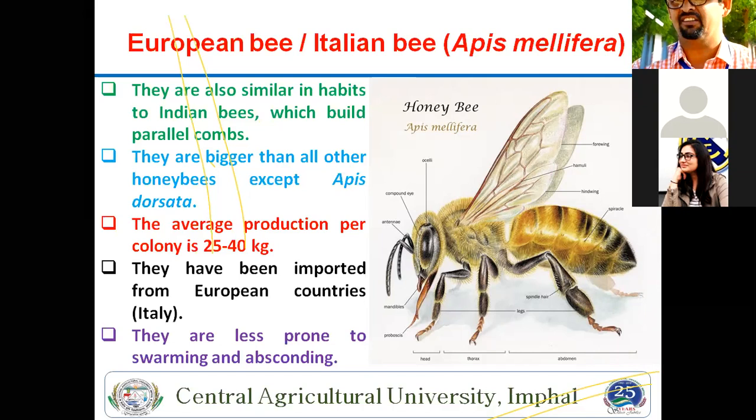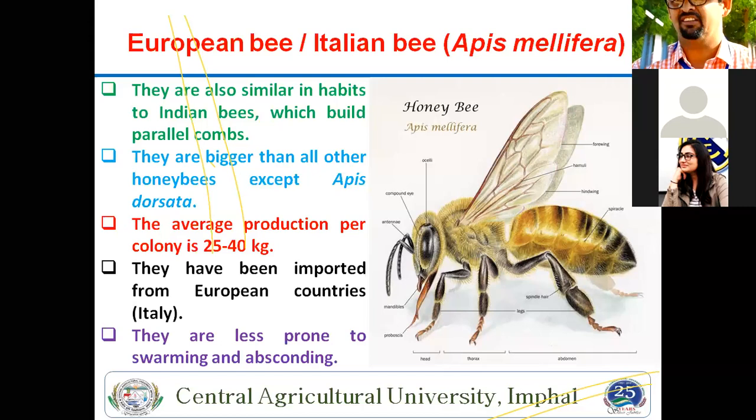The average production per colony is 25 to 40 kg, and the highest production in India is given by Apis mellifera. This is also an important question, and they have been imported from European countries. I have already told you they are less prone to swarming and absconding. That's why this is the important species.